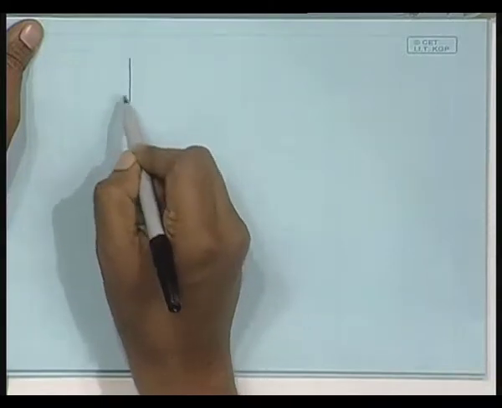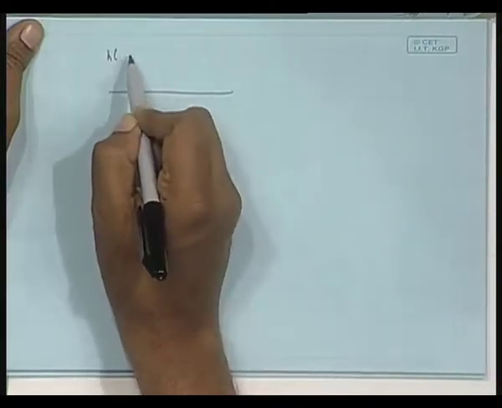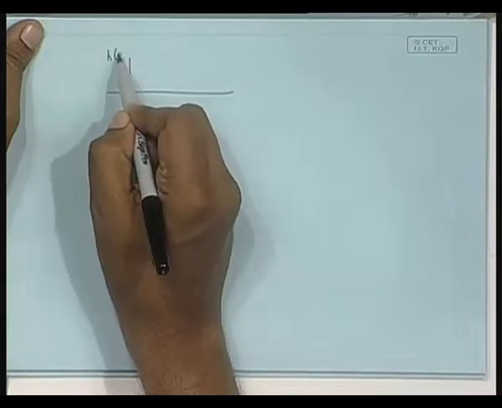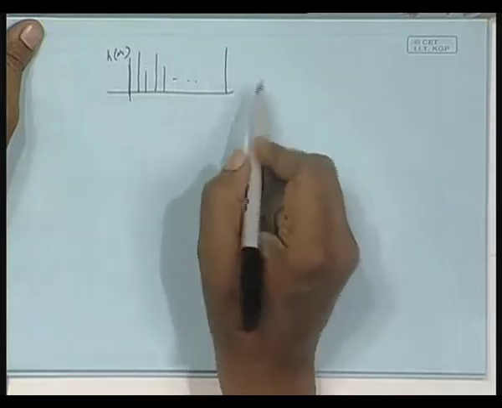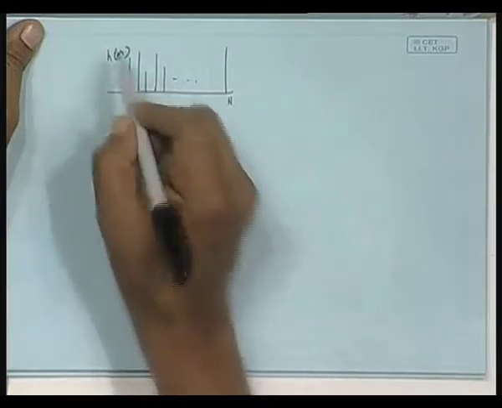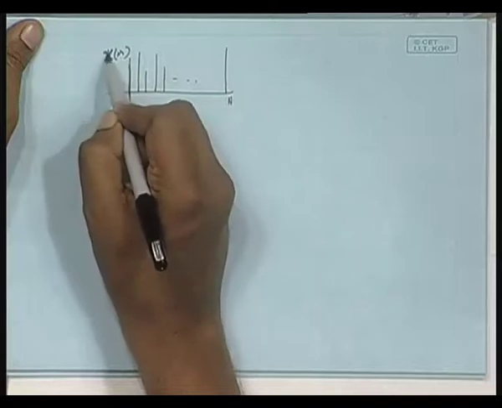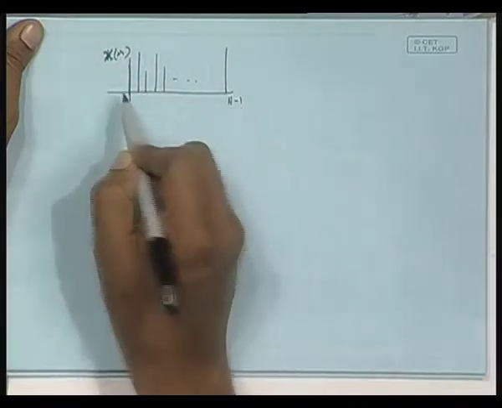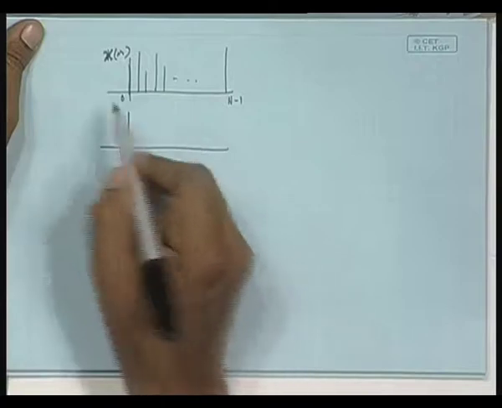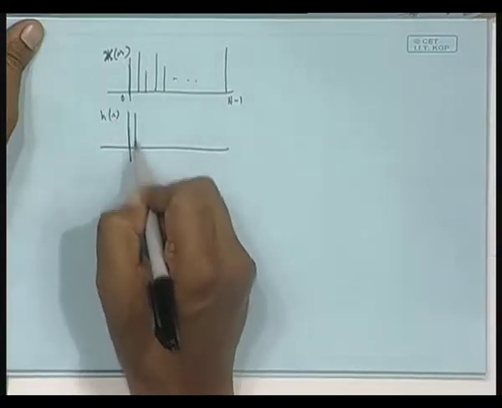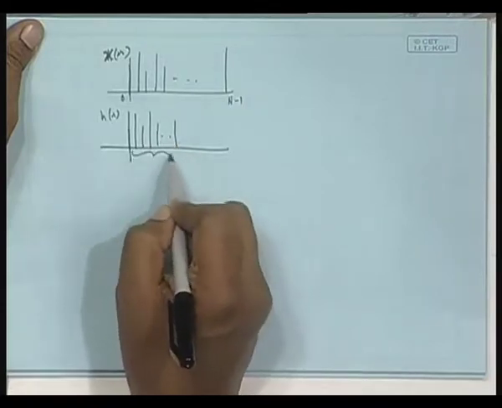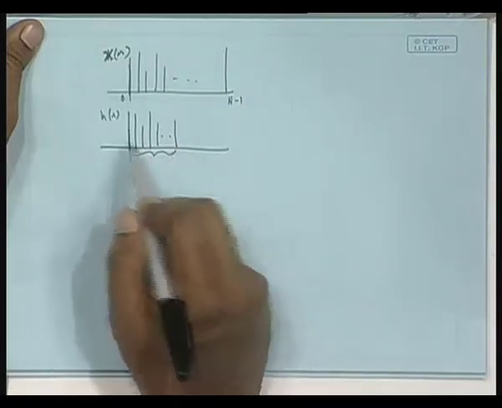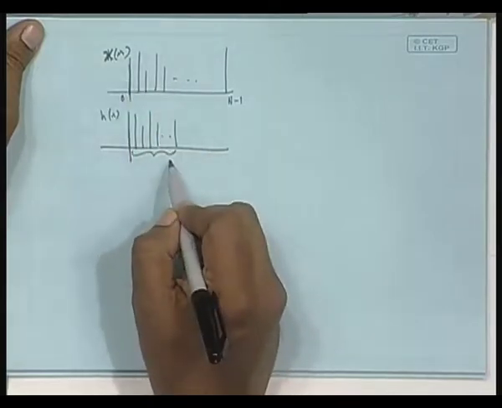Suppose I have got a situation like this, say h r and say x r, input I always take to be bigger, and this h up to this, length n, length m.